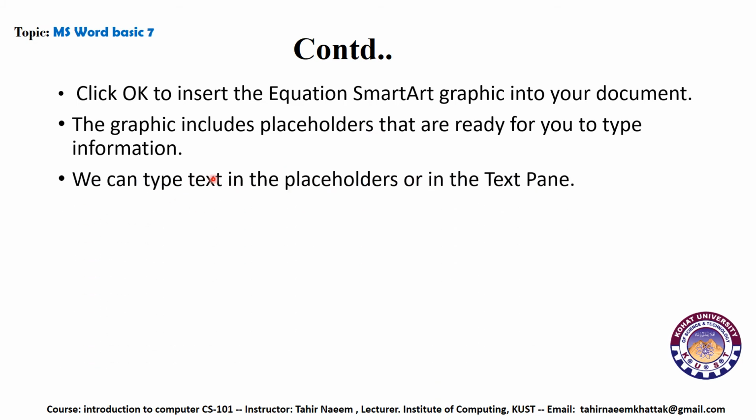We can type text in the placeholder or in the text pane. The placeholder or text pane is where we write the text; by default, placeholder text is written there, and we write the text according to our requirement or the information we want to convey.